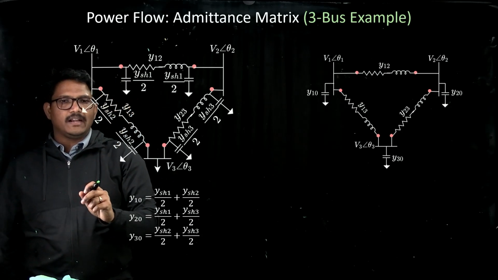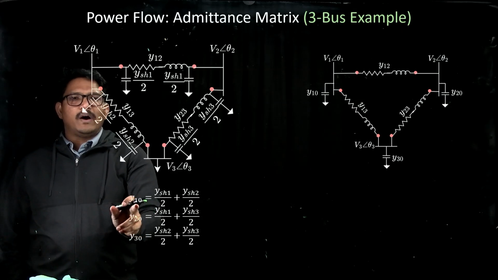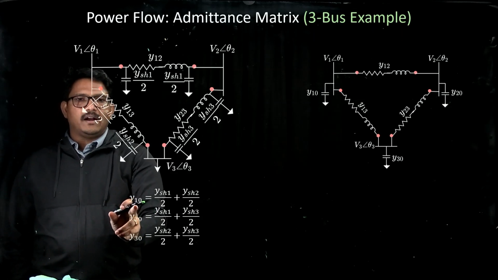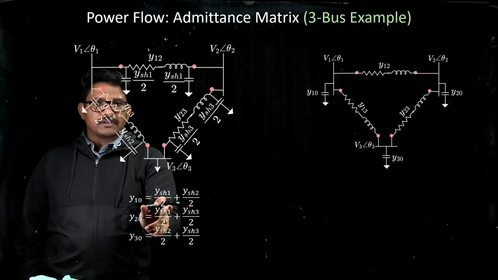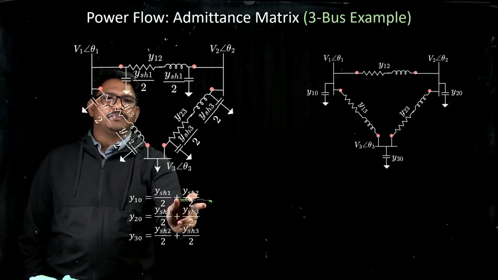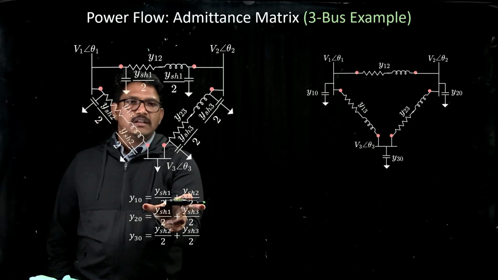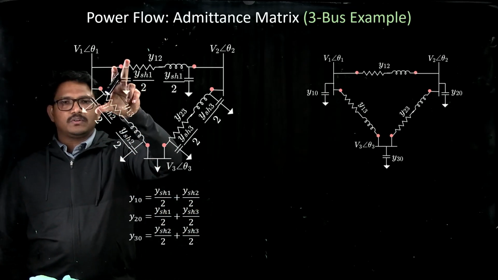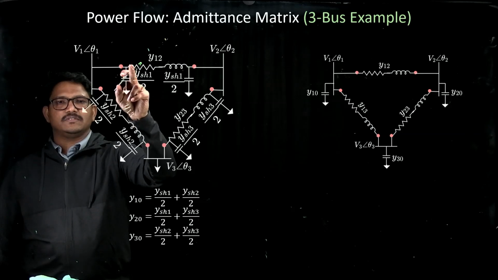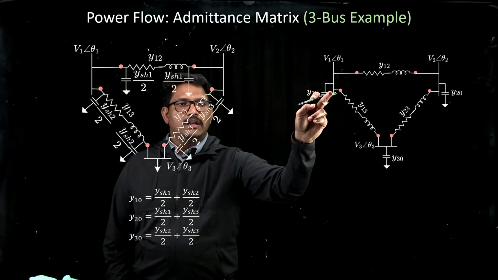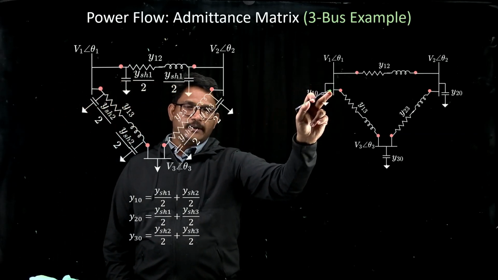So that's what we are writing here as y10, which is nothing but the sum of the susceptance for line 1 as well as the susceptance of line 2. So you will get y10, and then you can remove the 2 susceptances that we have at these 2 points and get only 1 susceptance instead.